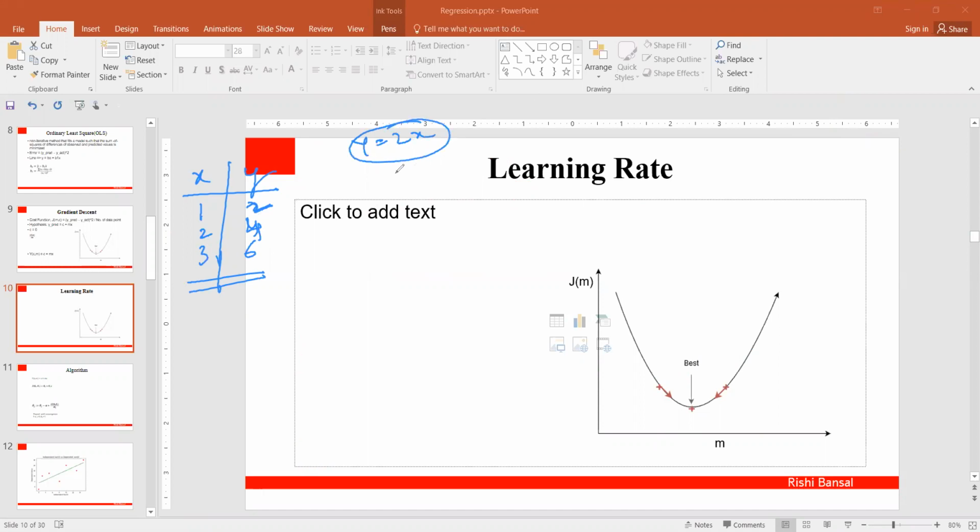So for m equal to 2 you will get the minimum value. Just try to calculate J for m equal to 0, 1, 2 and 3. At 4 points we just try to calculate the value of J, just for your own assignment. Then you will understand what is happening, why this Jm is nothing but your error.